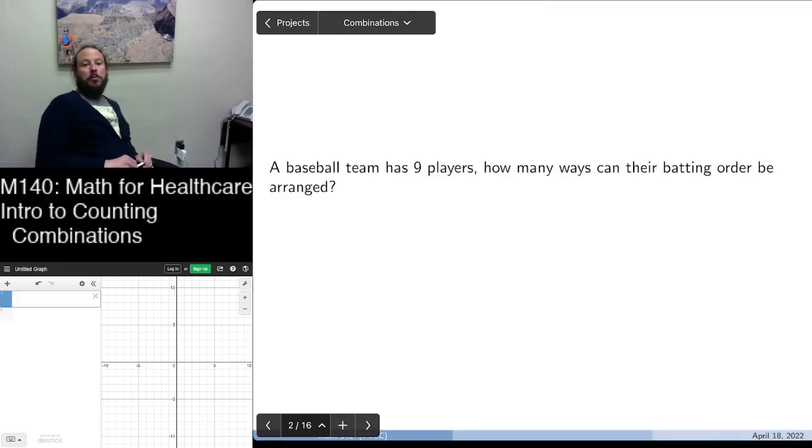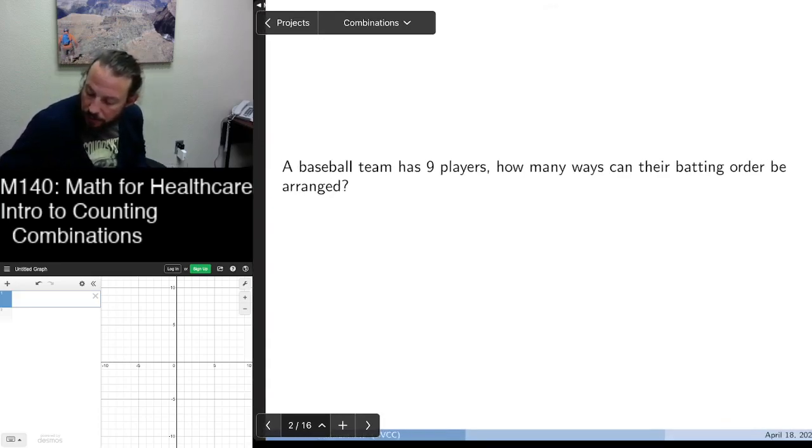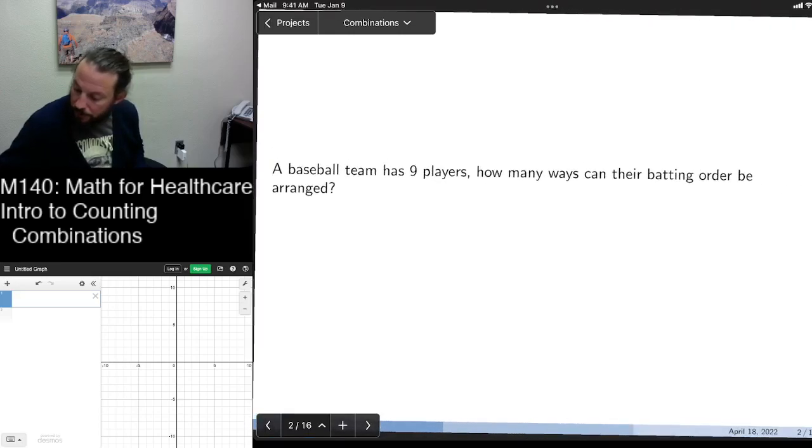Now, a baseball team has 9 players. How many ways can their batting order be arranged? Go ahead and hit pause, try this on your own. We could think of it as 9 dashes.